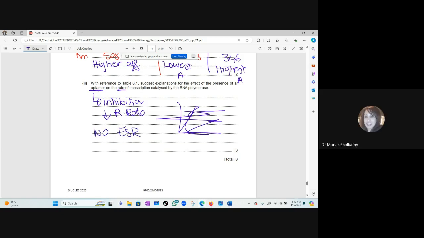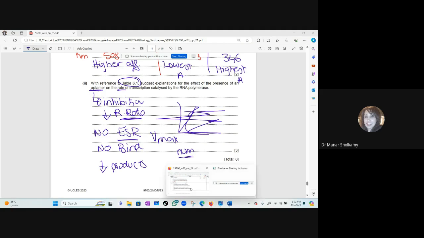Yes, you are correct. No binding, less successful collisions, less enzyme substrate complex, less products will be produced. Less reaction rate, less Vmax, and use numbers, please, because they asked you clearly to refer to table 6.1. Mention it's an inhibitor, decreased Vmax, and so on.